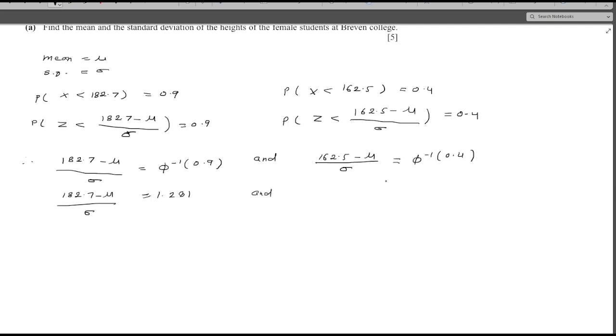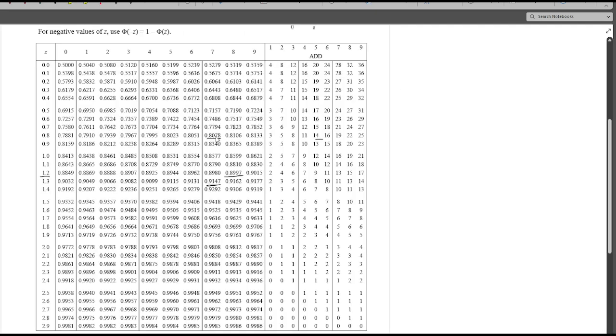And now here it is interesting, (162.5 minus mu) divided by sigma. Now if you see your normal table, the minimum value is 0.5. When the probability is given as 0.4, less than something, what does it indicate?